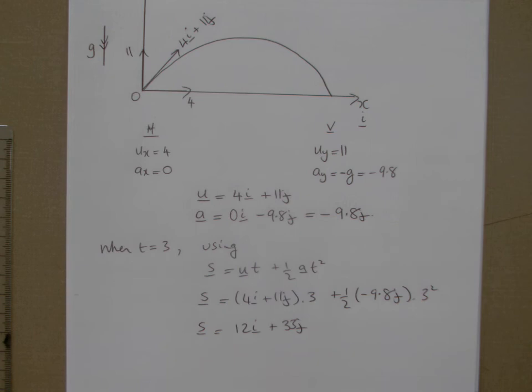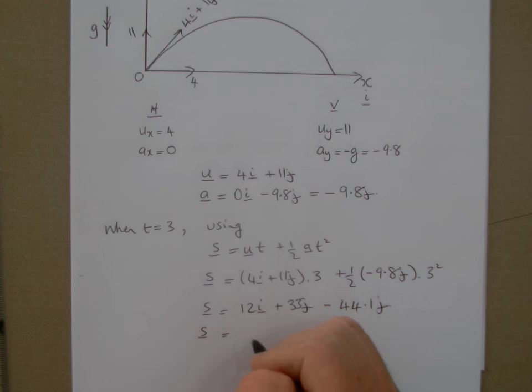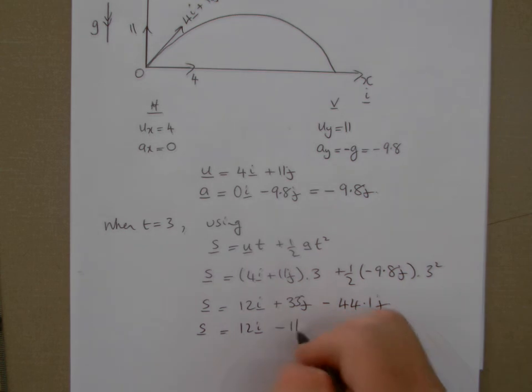And then a bit of maths here: half, 0.5, times 9.8 times 3 squared. When I multiply them together, I get 44.1. Obviously it's a minus. Then bring that together, so we've got 12i and then 33 take away 44.1, so you get minus 11.1j. So that's where it is.